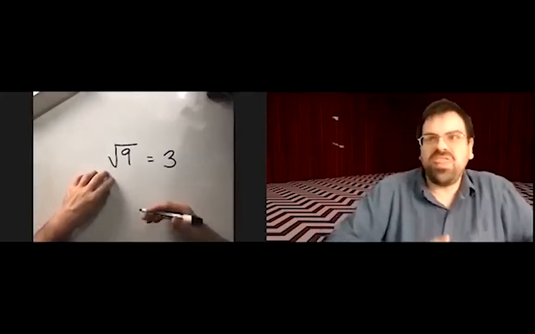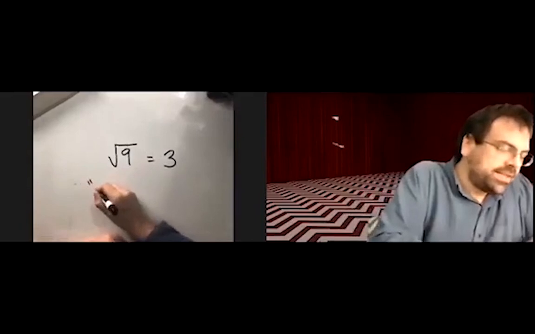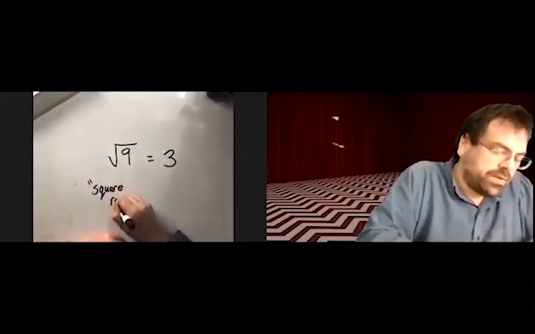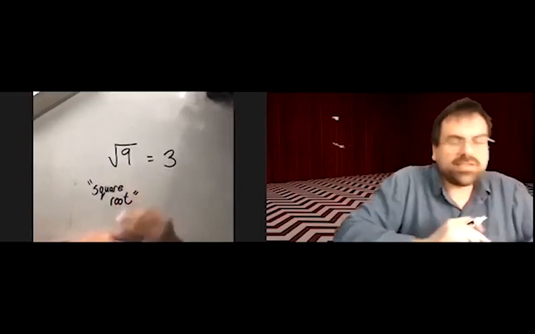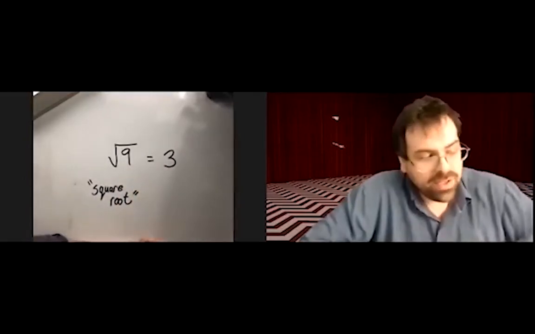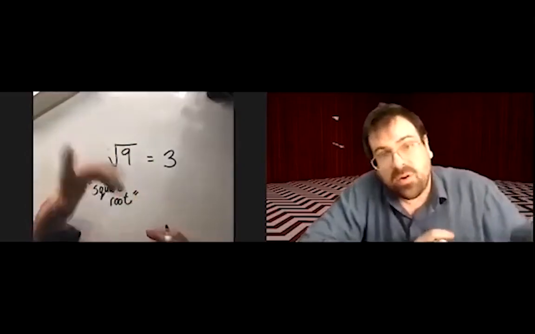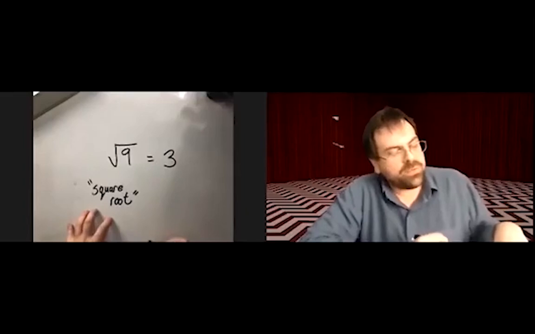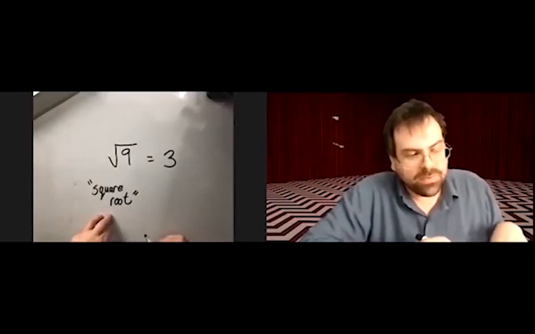So what is this? This is something called a square root. The symbol itself is called a radical, but when it's just this radical symbol, it means we want the square root.